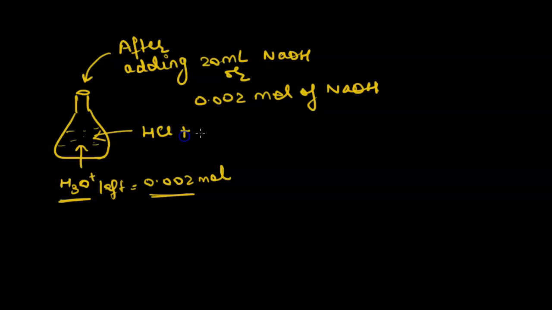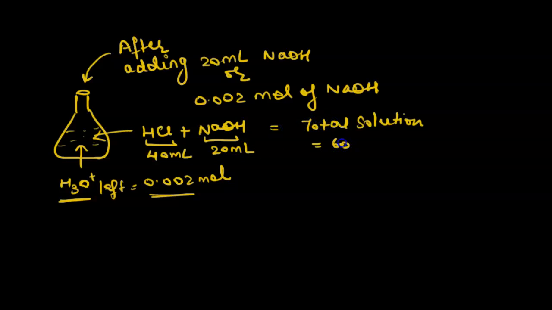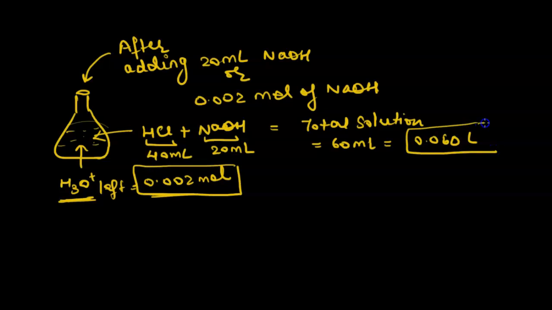It contains HCl and NaOH. HCl that it contains was what originally present, 40 ml, and NaOH is added to it, that is equal to 20 ml. So the total solution would be equal to 60 ml, which is 0.060 liters.